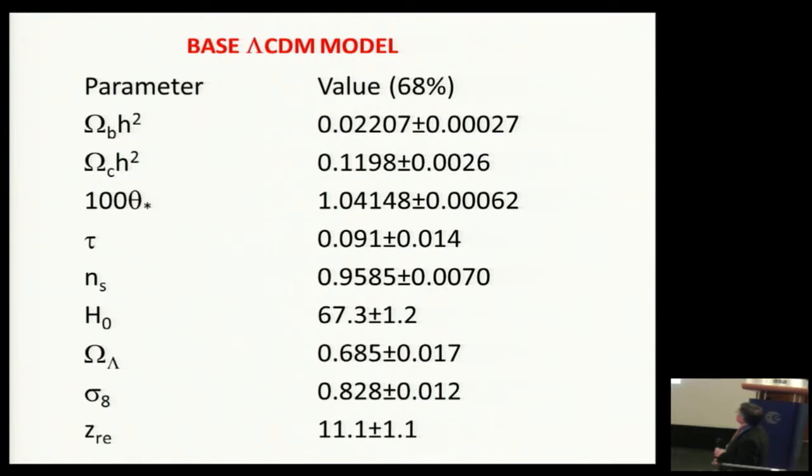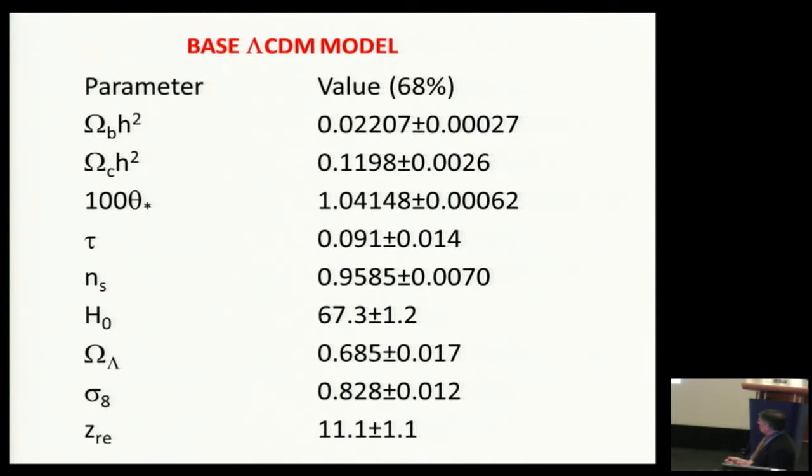So those are some of the constraints on inflationary parameters. Our bottom line is that the basic LCDM cosmology with 6 parameters fits the Planck data extremely well. There's no obvious departure from that model. And these are the parameters. Even within Planck, internally, we have some inconsistencies.